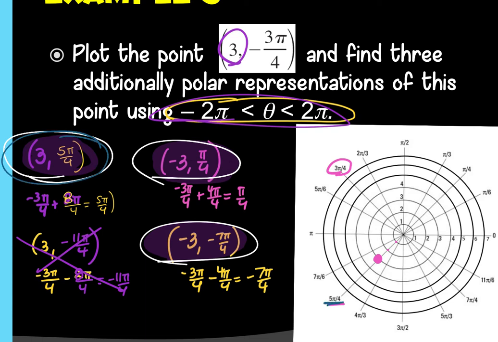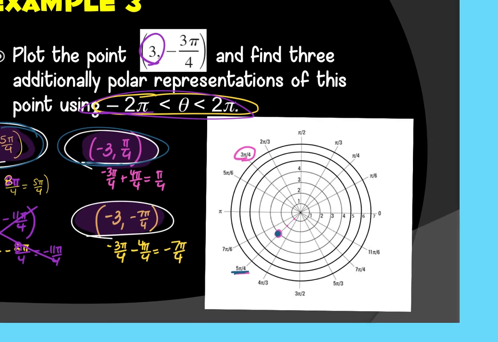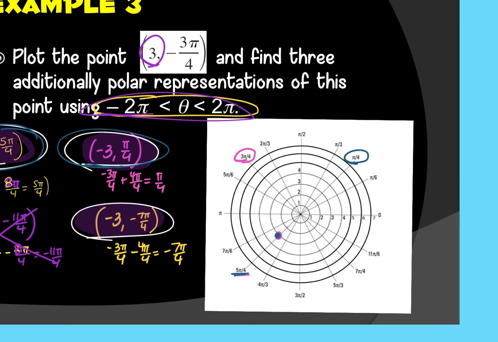So I go to 5 pi over 4, I go to 3. That's the same point. This second one would be pi over 4, negative 3. So pi over 4 is here, but negative 3 says move in the other direction, same spot. Then negative 3 and negative 7 pi over 4. Negative 7 pi over 4 is the same as pi over 4, and negative 3 says move away from it, and you get the same spot.